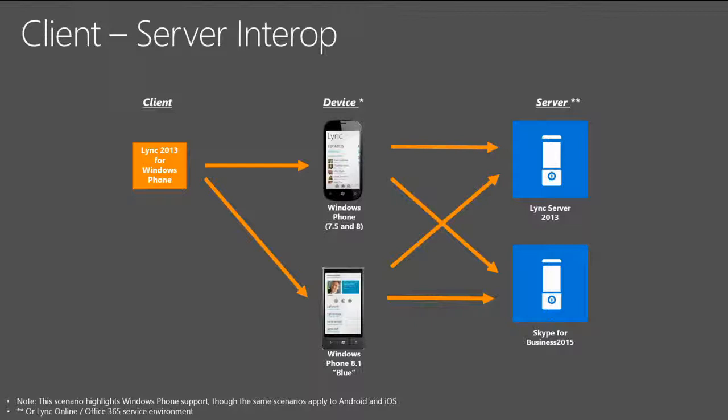As a result, there are two versions of the client. Going forward, when we do release Skype for Business mobile clients, which is there in the plans, sometime around fall timeframe is when we are looking to update those. During that time, you will end up with two clients in the marketplace, one which is the Lync 2013 version and one which would be the Skype for Business version, which works on Blue.